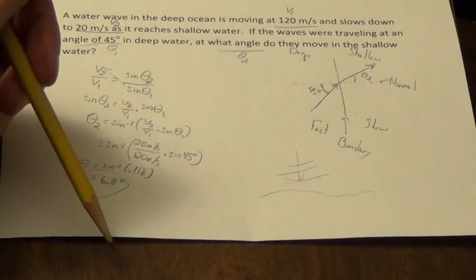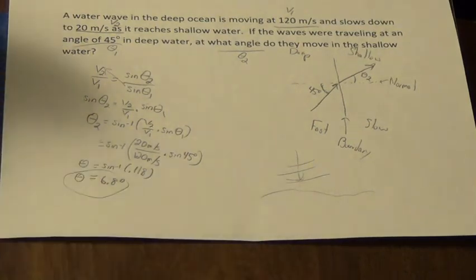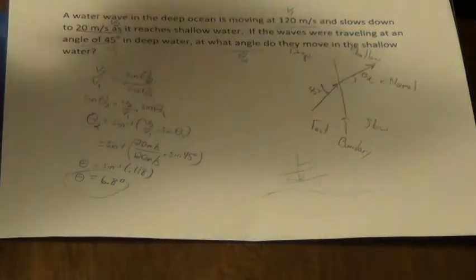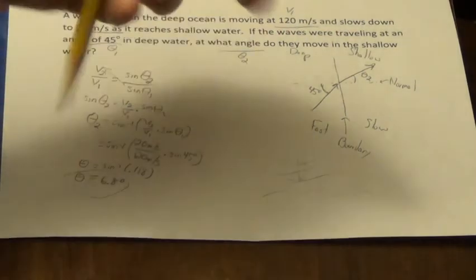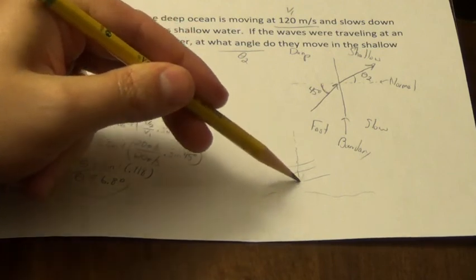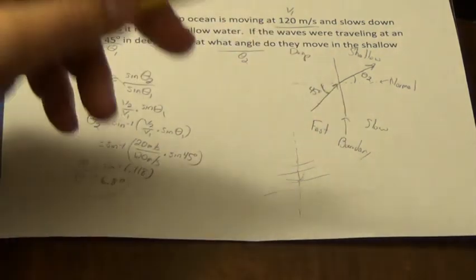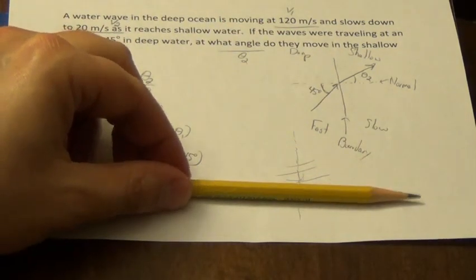But out in the ocean, due to winds and other factors, the waves may be traveling in this direction or that direction. Yet when they get to the beach, they're almost always heading straight in, basically right along the normal line from the boundary layer of the beach.